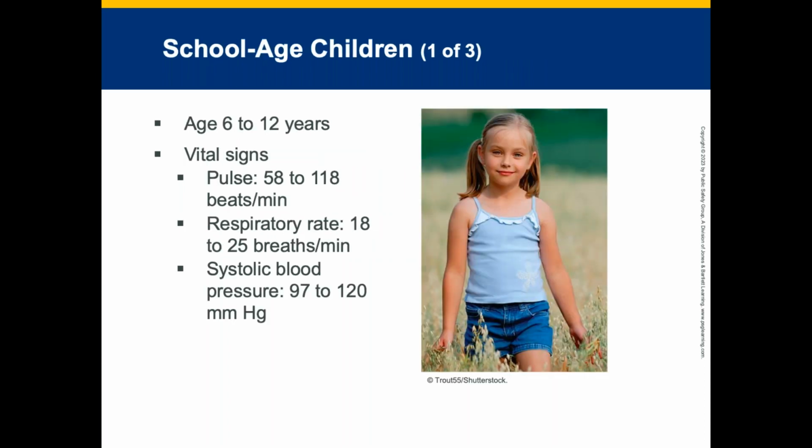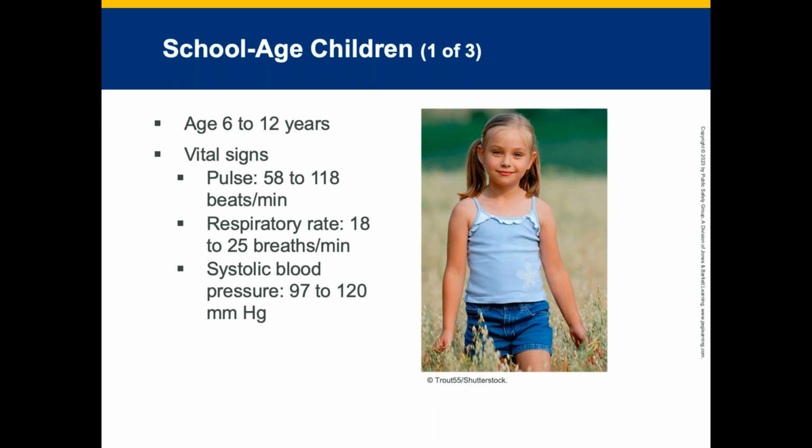By ages 6 to 12, we start seeing the school-age children physical changes. From 6 to 12 years, a school-age child's vital signs and body gradually approach those observed in adulthood. So we start seeing heart rates between 58 to 118, respiratory rate between 18 and 25, and a systolic blood pressure between 97 and 120.